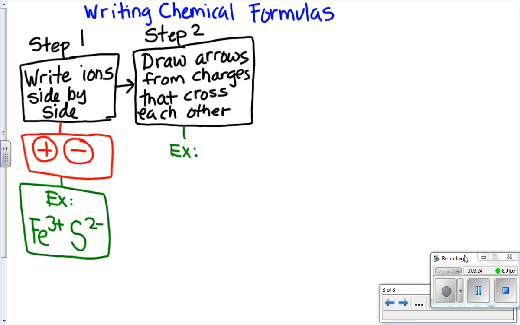So we have our iron 3 and our sulfide, and I'm going to draw arrows from the charges. The first arrow I'm going to draw starts up here by the charge that's 2 negative, to the bottom corner of iron. And I'm going to draw an arrow from the 3 positive to the bottom corner of the sulfide ion.